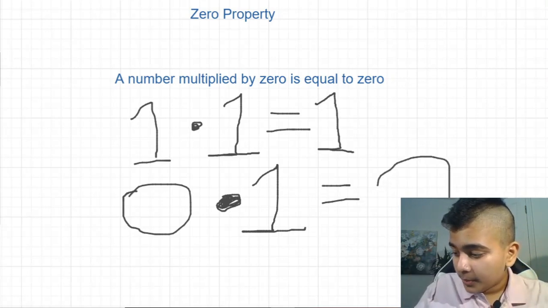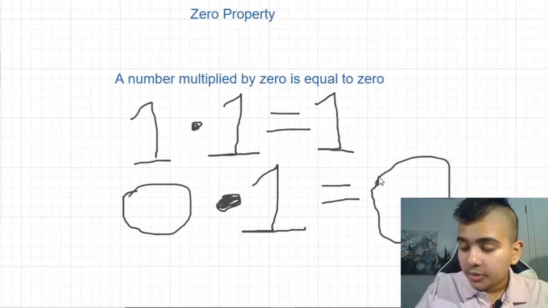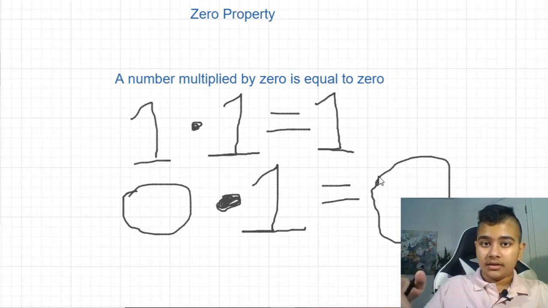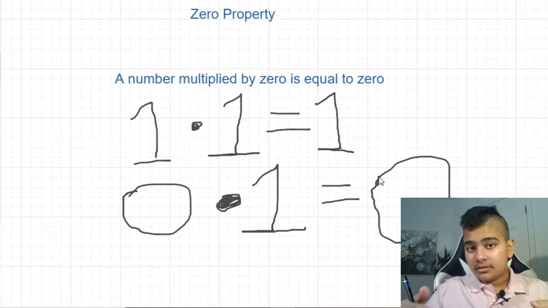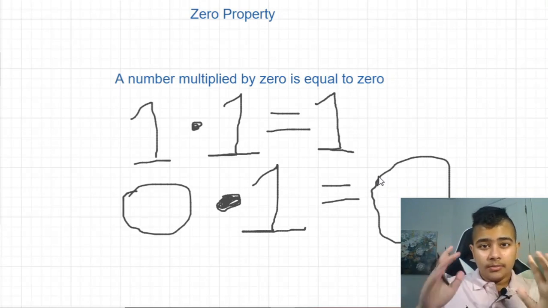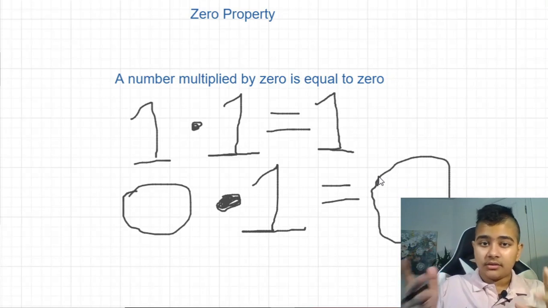Because when multiplying anything by 1, it will be the same number, since it's 1 of it. And if you multiply by 2, it will be double. So when you multiply by 1, it will be 1 copy of it. So when you multiply by 0, it will be 0.